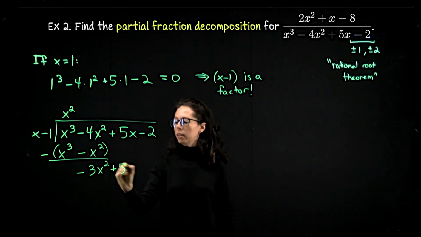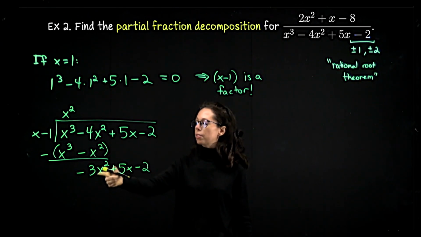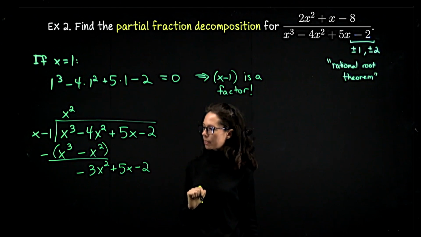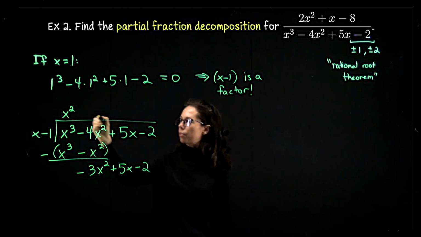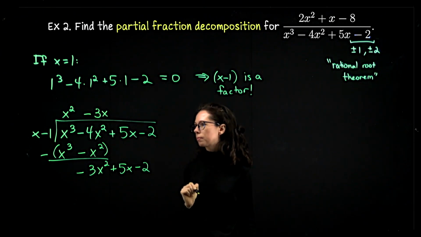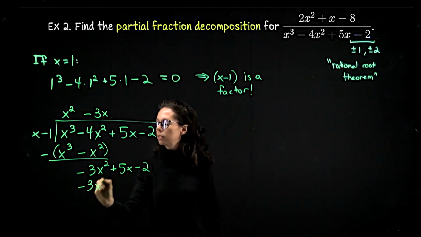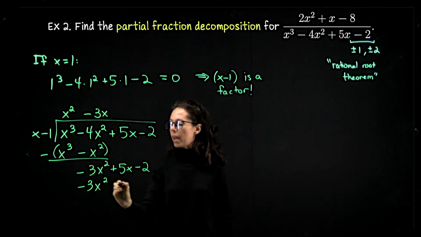So I just keep bringing all of the remaining terms down. I need to divide negative 3x squared by x. So that should be negative 3x. So negative 3x times x is negative 3x squared, and then plus 3x.